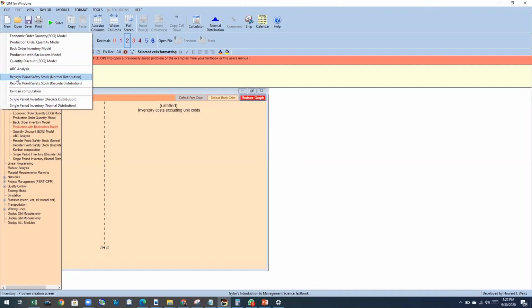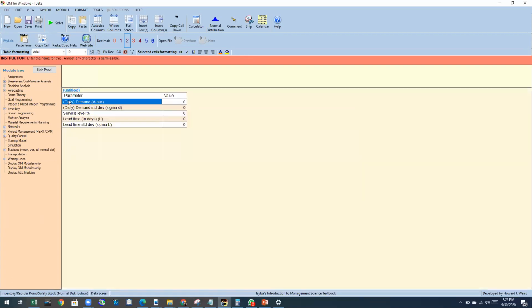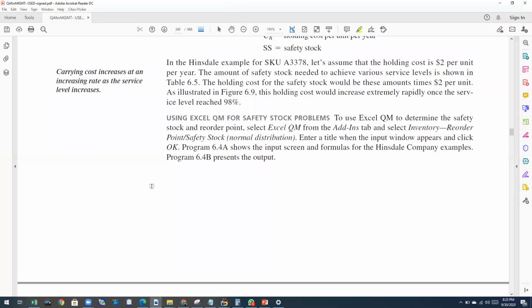Let's use reorder point of safety stock with normal distribution. Okay, so reorder point with safety stock, normal distribution. I will click OK. All right, then here are some of the questions that I need to answer.